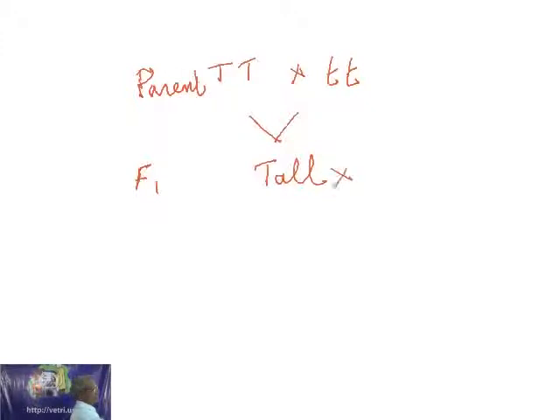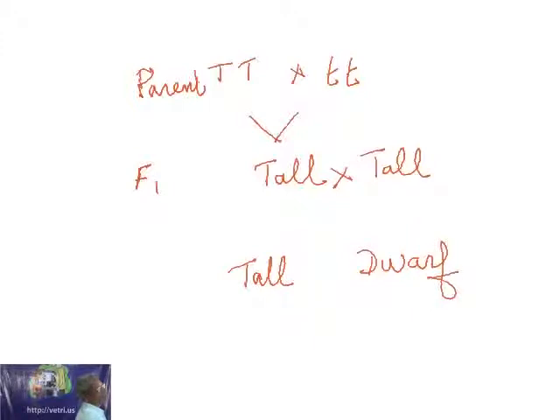When these F1 plants are inbred, you get tall and dwarf in the ratio of 3:1. This is what is happening in the case of a monohybrid.